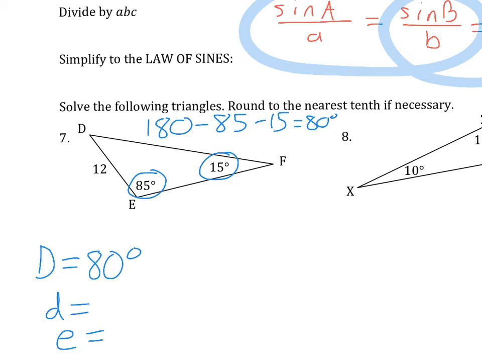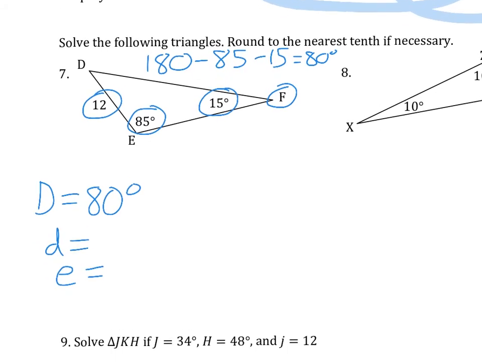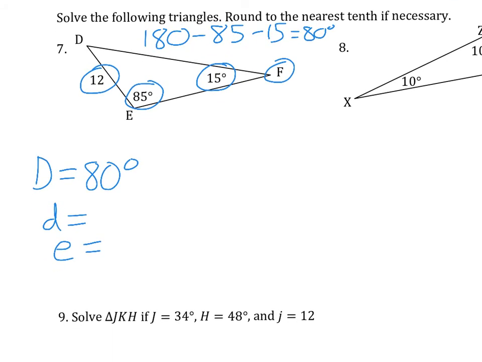Remember that the angle is always across from the side with the same letter. So the 12, that is side F because it's across from angle F. Alright, so now we're going to use the law of sines to find those other 2 missing sides.